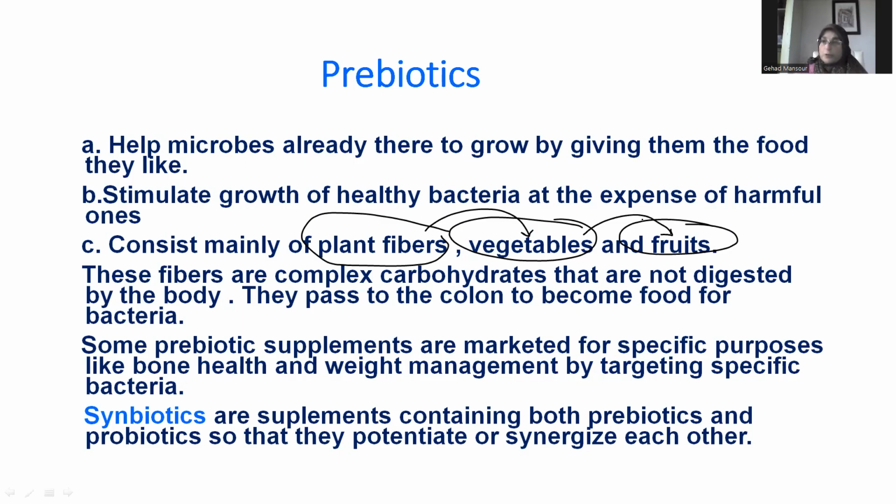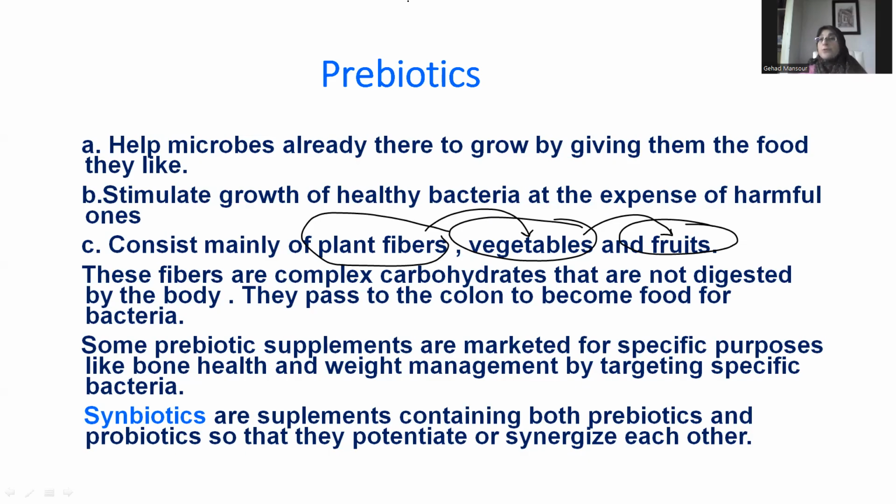Vegetables and fruits are not bacteria. They do not contain bacteria like yogurt and sauerkraut, so we cannot consider them probiotics, but they are food for good bacteria. When you eat a lot of fibers in vegetables and fruits, you are indirectly helping the good bacteria to flourish. So probiotics act directly, whereas prebiotics act indirectly.